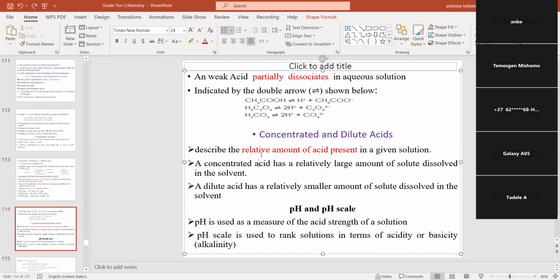If you dissolve a small amount of acid in a given solution, you will get a dilute acid. So the terms dilute and concentrated depend on the amount of the acid that we dissolve in the given solvent.